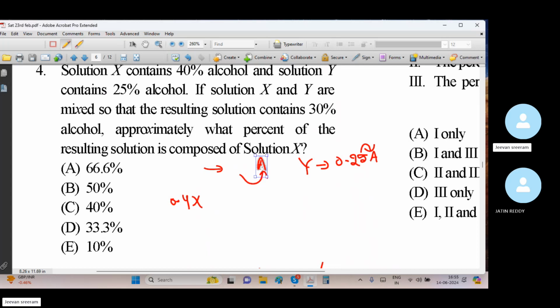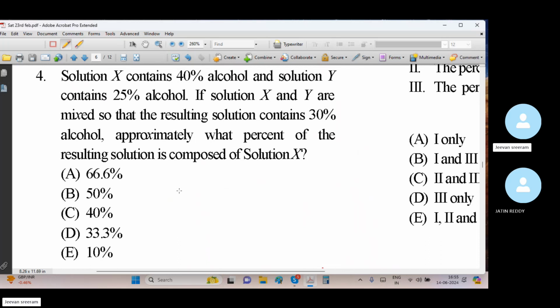Let me write the equation clearly. X contains 40% alcohol. 40% of X is actually alcohol. Am I right, buddy? 40% means 0.4 times X is the alcohol in X, correct? Similarly, 0.25 times Y is the alcohol in Y, correct?